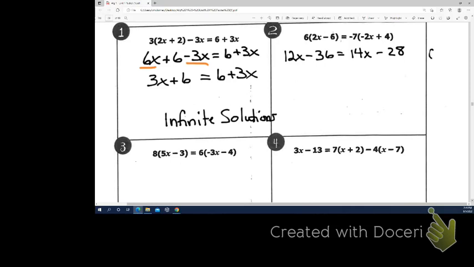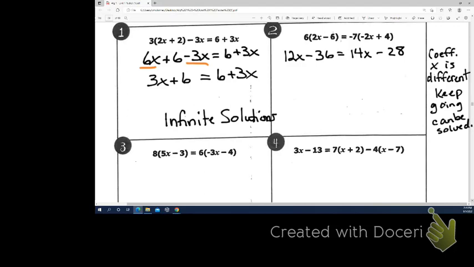So if the coefficients of the x is different, it's not the same number of x's on both sides. That means I need to keep going. I can solve it. It can be solved. It has an answer. It has one solution.